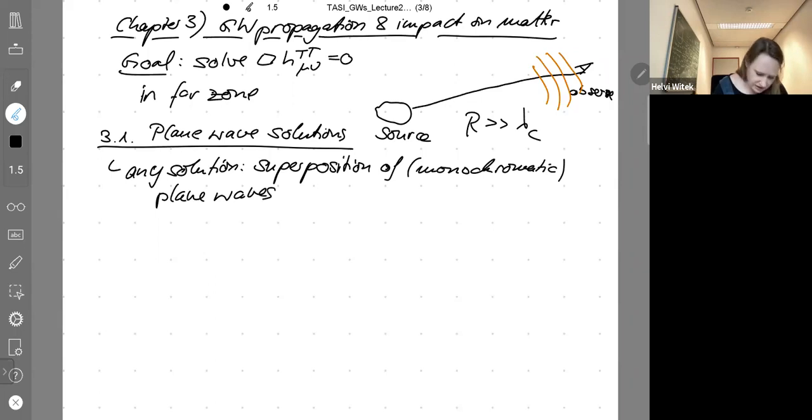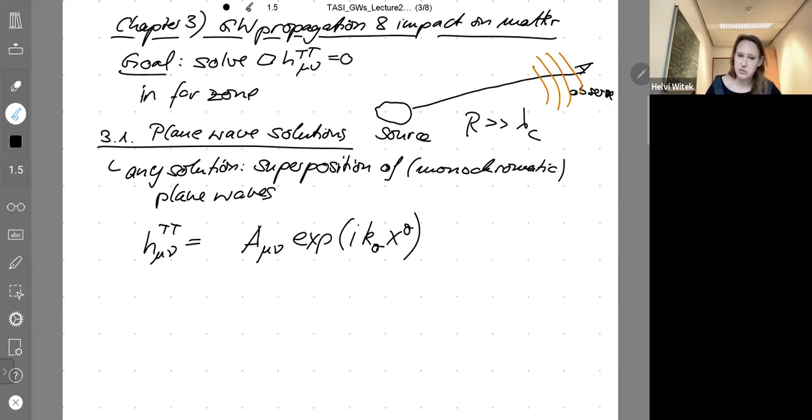That is, we would write our metric perturbation with the following ansatz: we have some amplitude matrix that I call A mu nu, and then a wave solution, exponential of i k sigma x sigma.